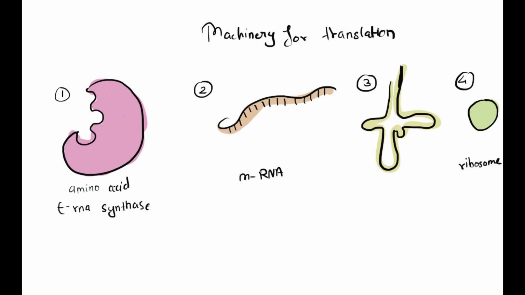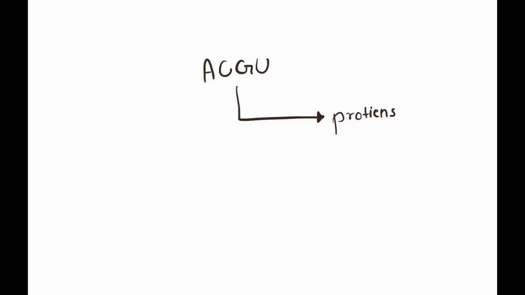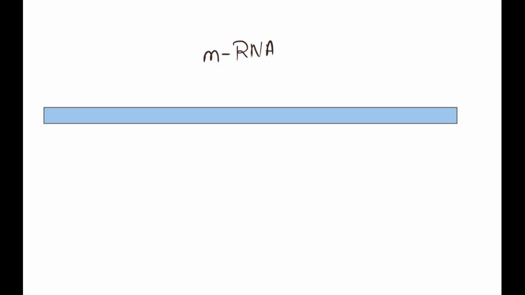The machinery that is responsible for translating the language of an mRNA, which is the template, into a protein includes the aminoacyl-tRNA synthetase, the mRNA, the tRNA, and the ribosome. Together, they accomplish the task of transforming a 4-base code of written language into a 20 amino acid sequence.